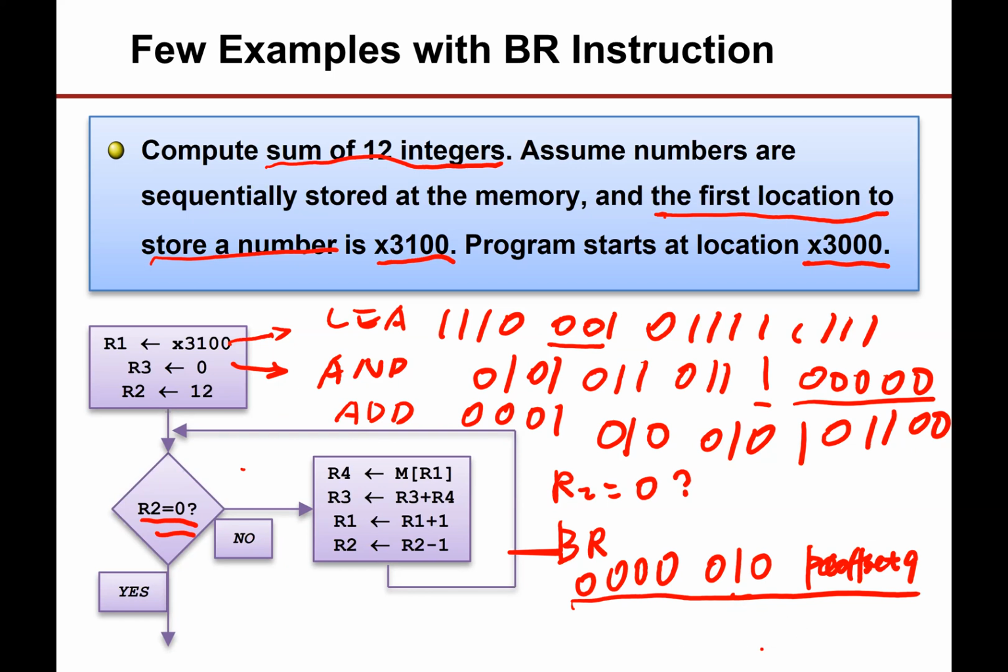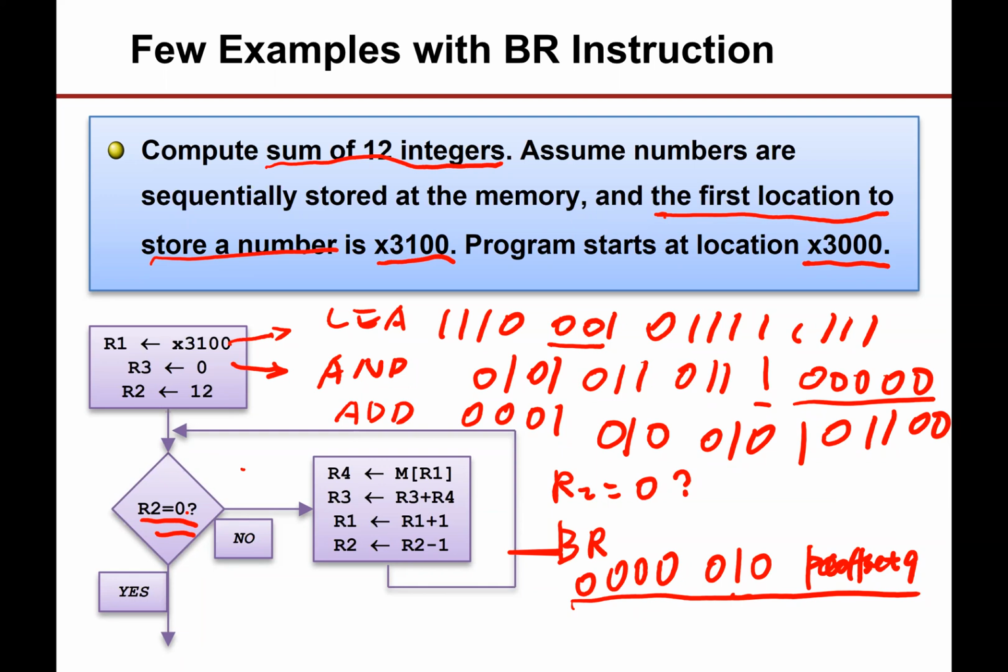Okay. So far, do you have any questions? Yes. How would the program know which register to check? Okay. So here is R2 equals 0, right?